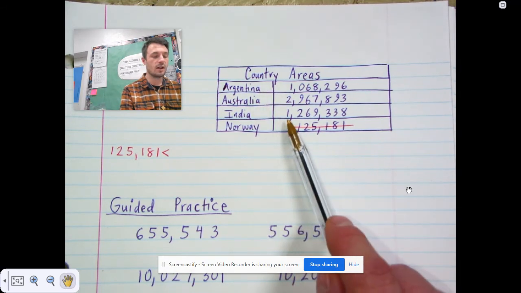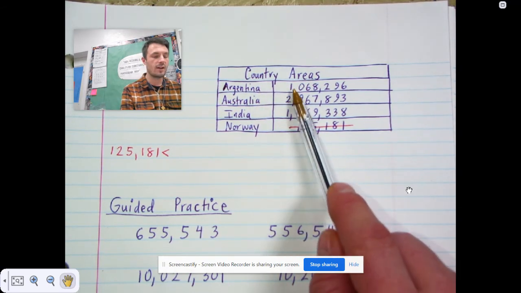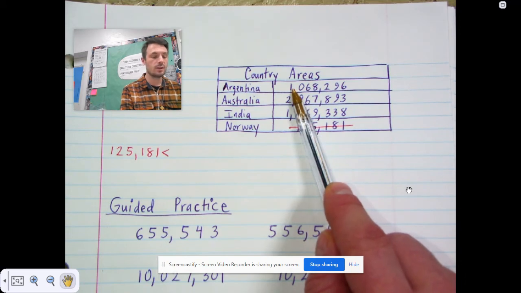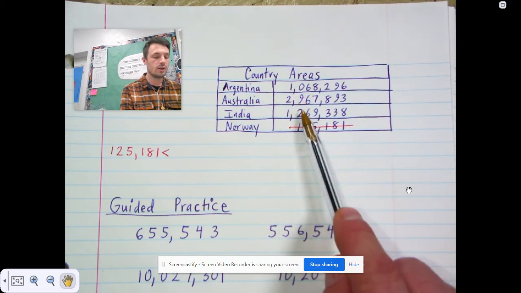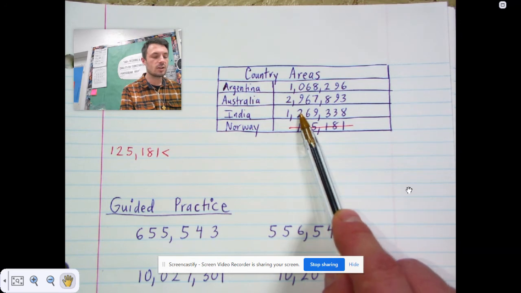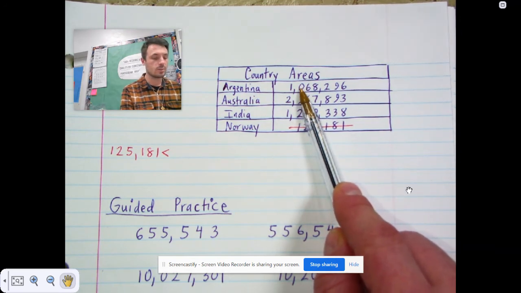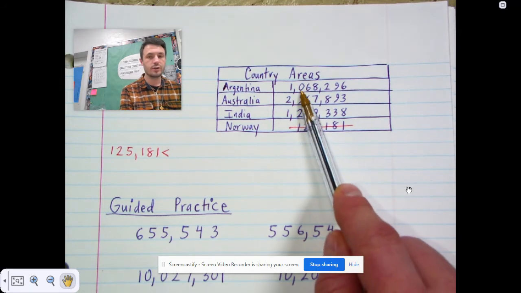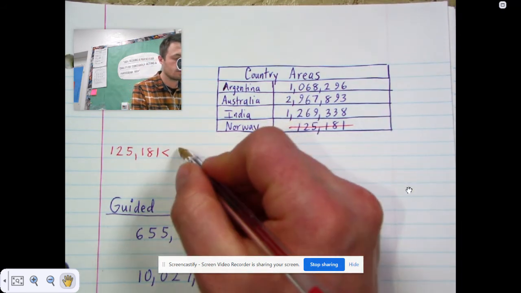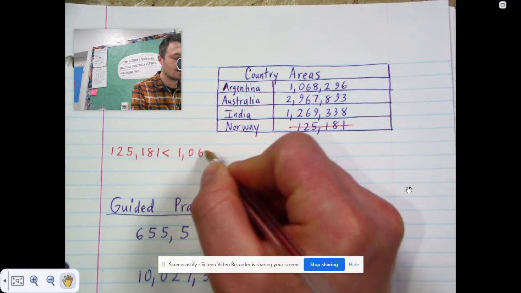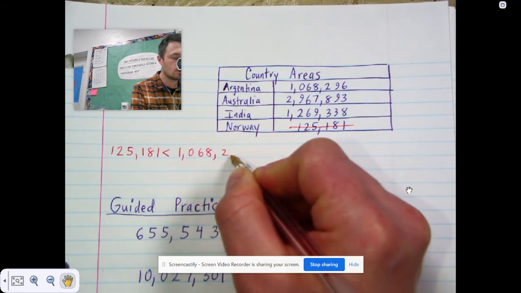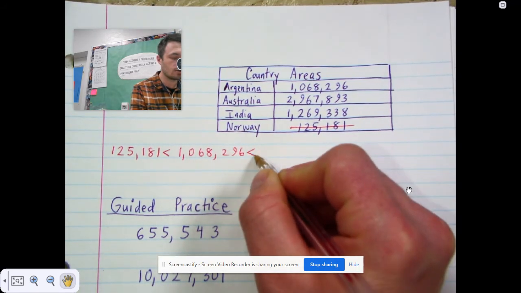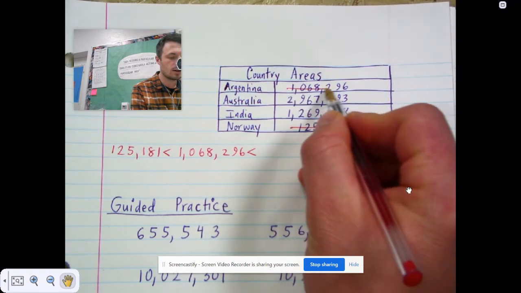But we have to move on to the 100,000ths place since they both have 1s in the millionths place. So now we're comparing this 0 to this 2. Since Argentina has a 0 in the 100,000ths place and India has a 2, we know Argentina must be smaller. 1,068,296 is smaller than, and we cross that off.